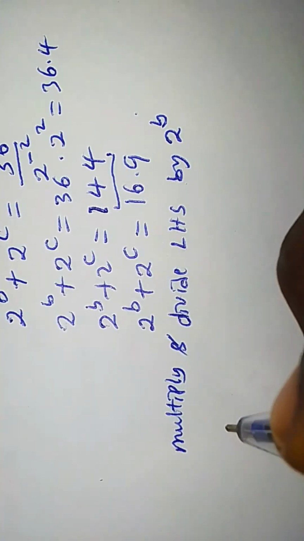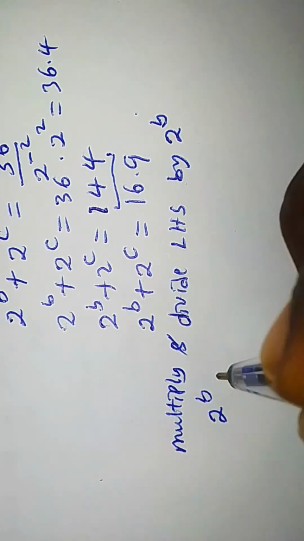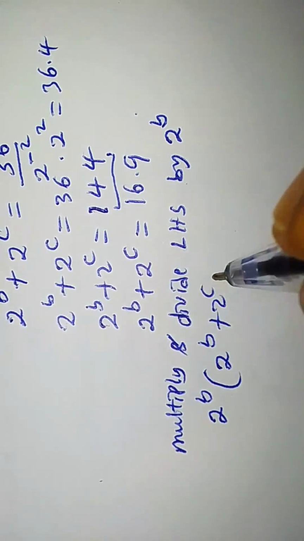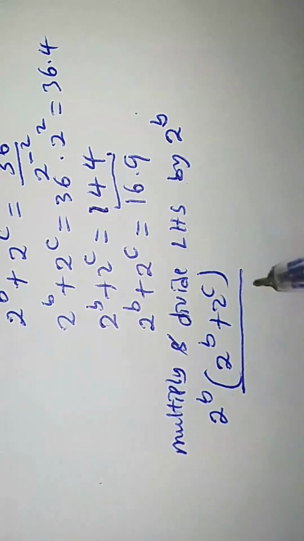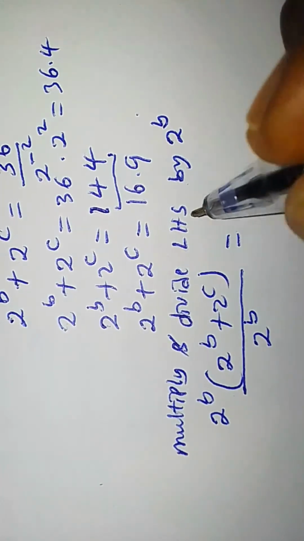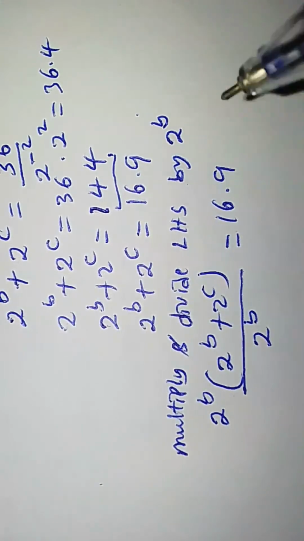So we have 2 raised to b into 2 raised to b plus 2 raised to c divided by 2 raised to b equal to 16 times 9.